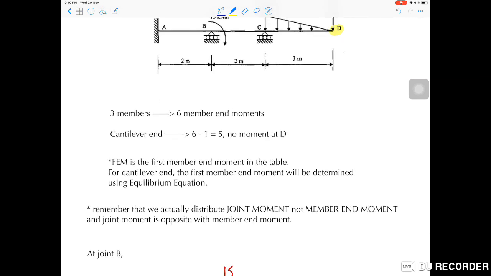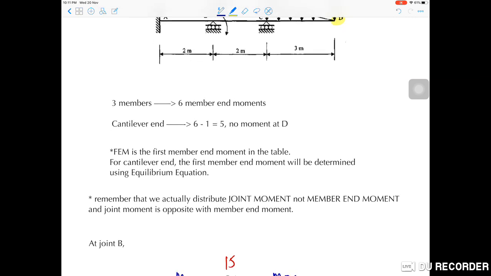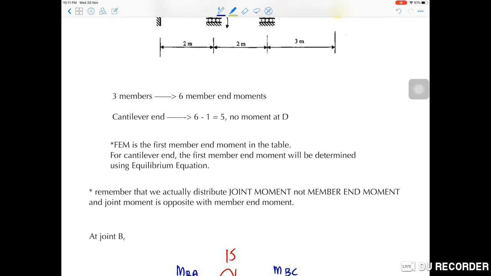Just to highlight some important things here. Number 1, please remember that the first moment in the table is what we get from FEM, the first member end moment in the table.